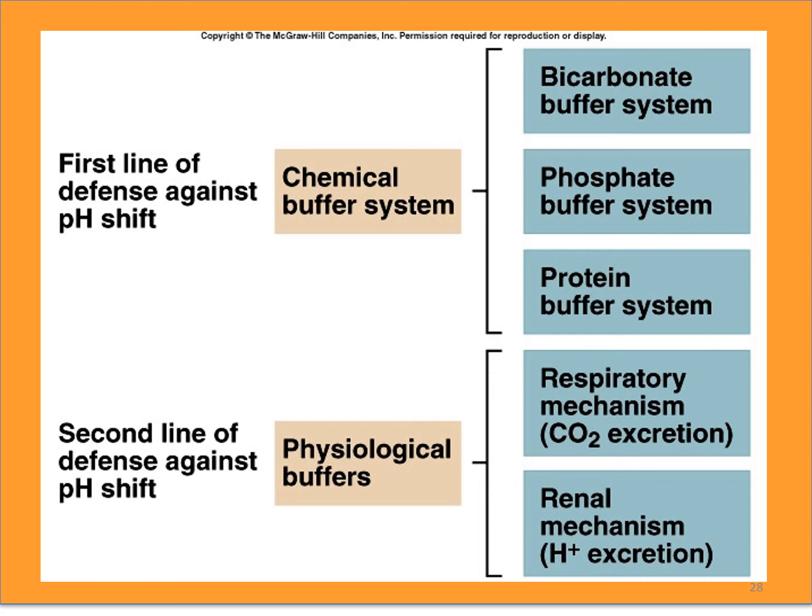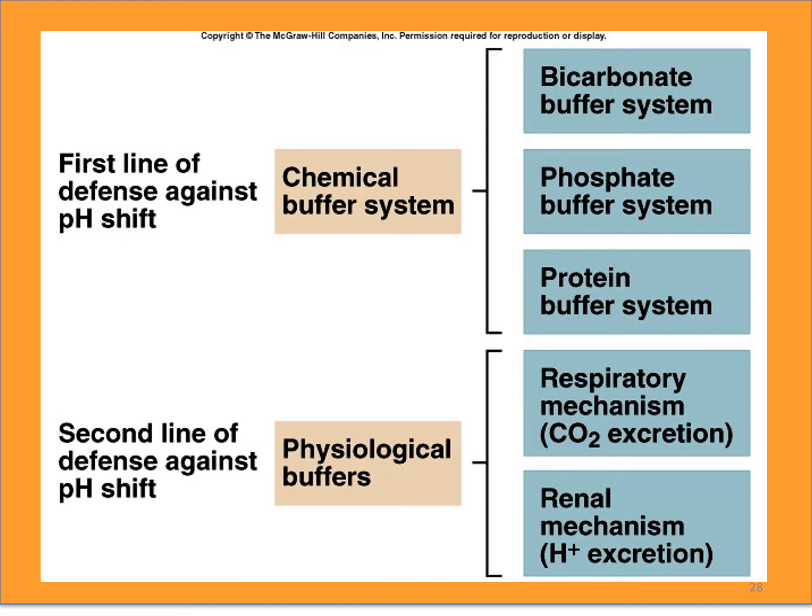So we have two lines of defense. The first line would be your chemical buffer system, and it includes your bicarbonate buffer, your phosphate buffer, and your protein buffer system. While the second line of defense against any pH shift will be your physiologic buffers like the respiratory mechanism.